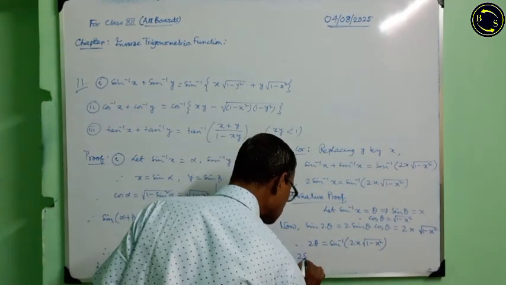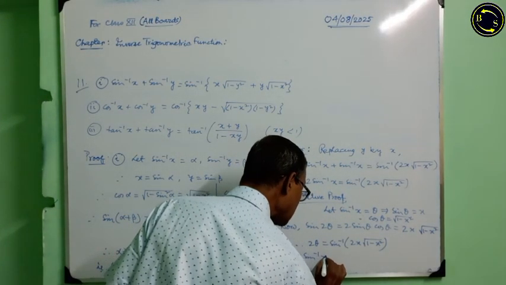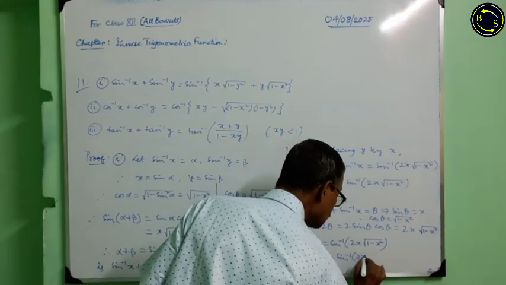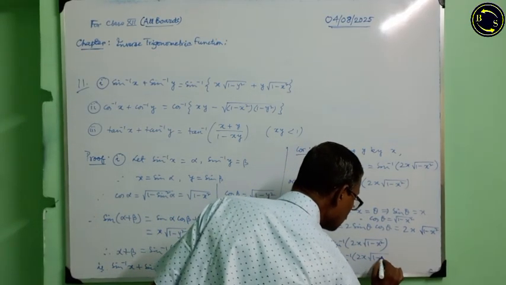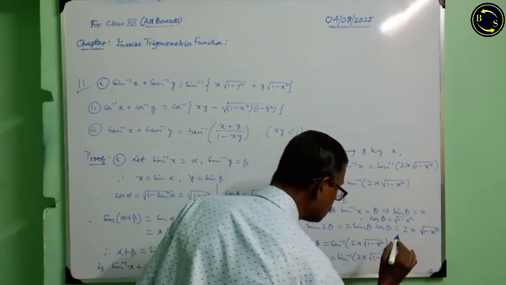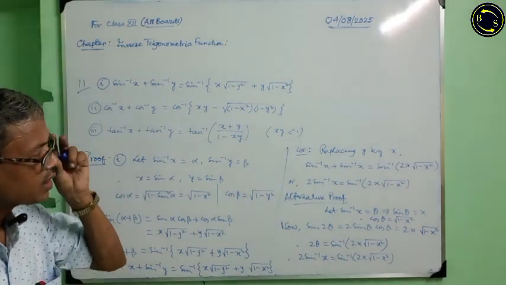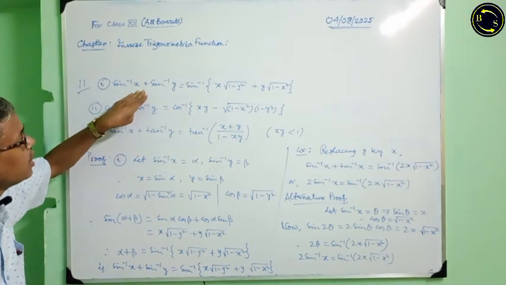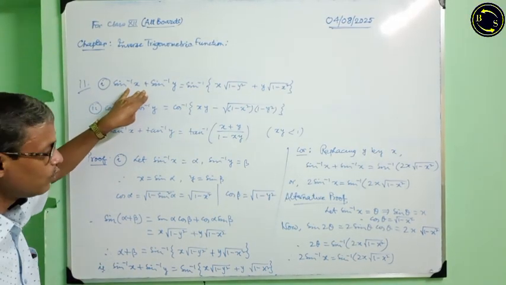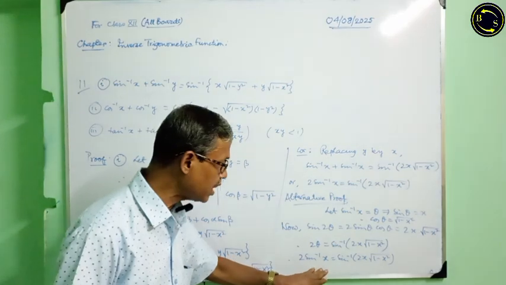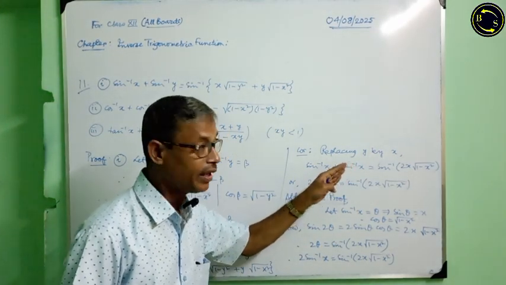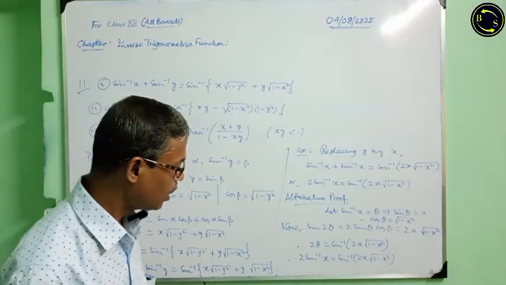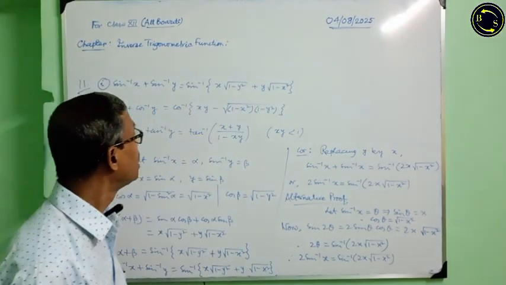Therefore 2 sine inverse x is equal to sine inverse of 2x into root over 1 minus x square. Therefore from this one we can prove 2 sine inverse x in this way. Also using the multiple angle formula we can prove this.